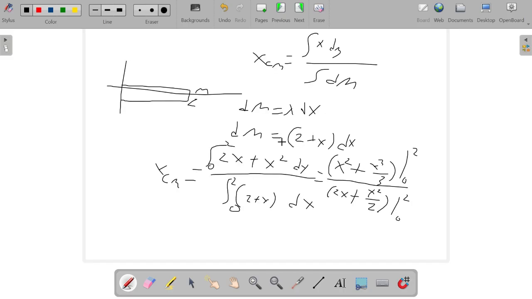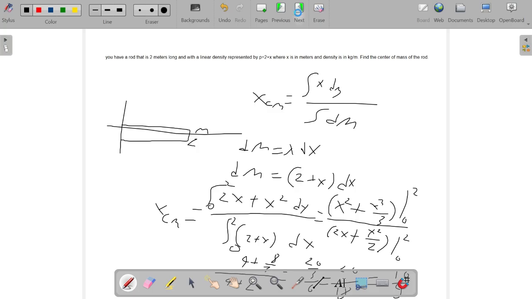You do out this math, and what you end up getting is 4 plus 8 over 3, divided by 4 plus 2, and this gives 20 over 3 over 6, which equals 20 over 18, or 10 over 9.